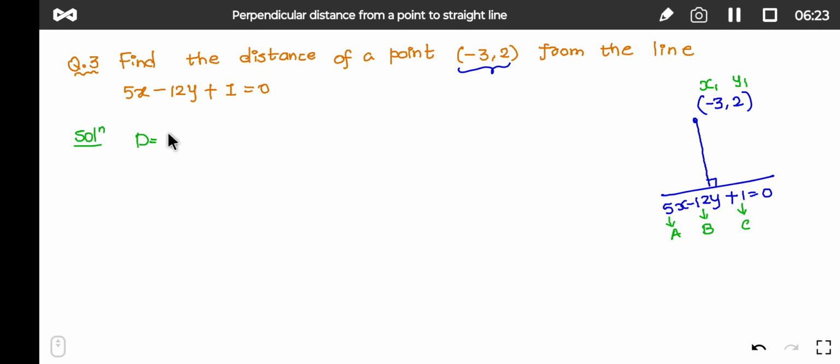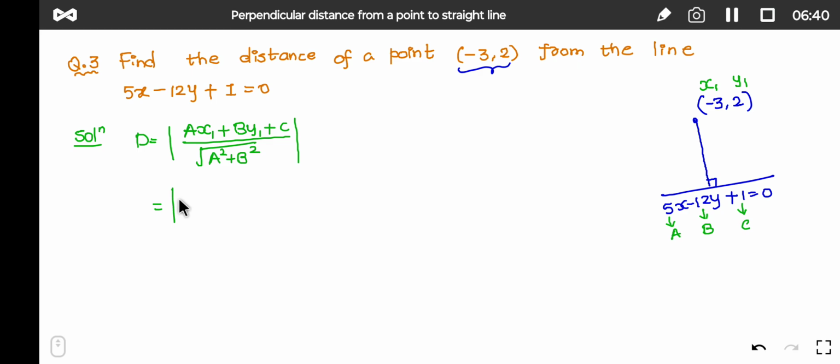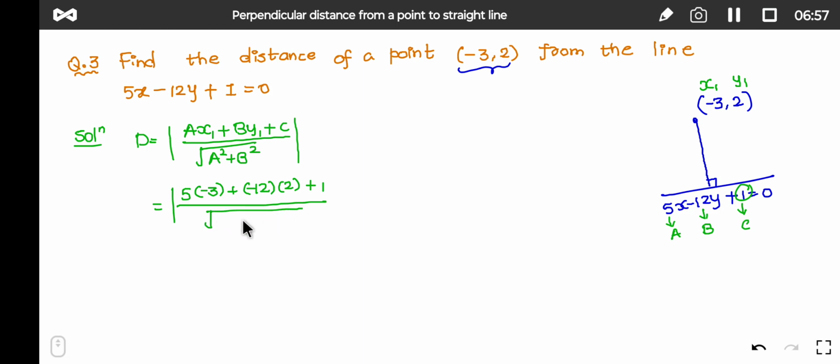d is equal to modulus of ax1 plus by1 plus c divided by root of a square plus b square. Substitute the values. a is 5, x1 is minus 3, plus the value of b, which is minus 12, y1 is 2, plus the value of c, which is here 1, divided by root of a square plus b square.